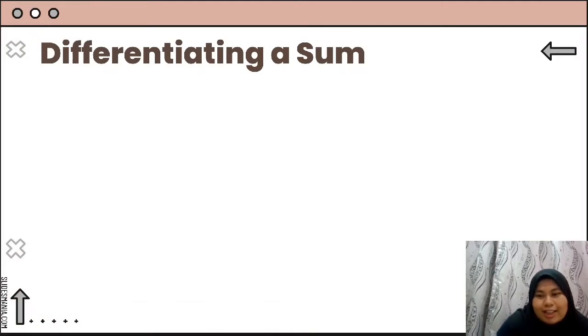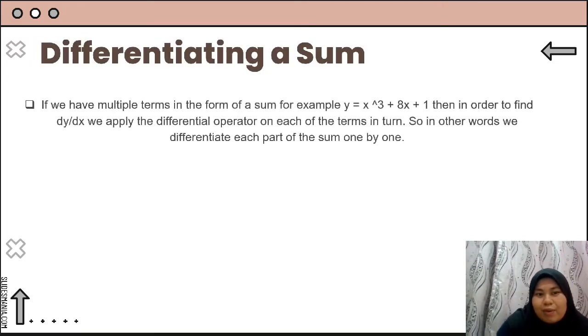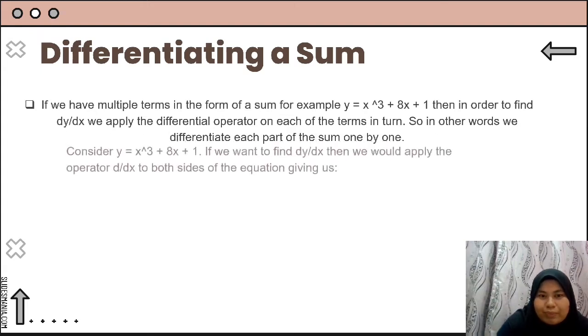Next, it is important to know how to differentiate a sum. If we have multiple terms in the form of a sum, for example, y equals x to the power of 3 plus 8x plus 1, then in order to find dy over dx, we apply the differential operator on each of the terms in turn. In other words, we differentiate each part of the sum one by one.